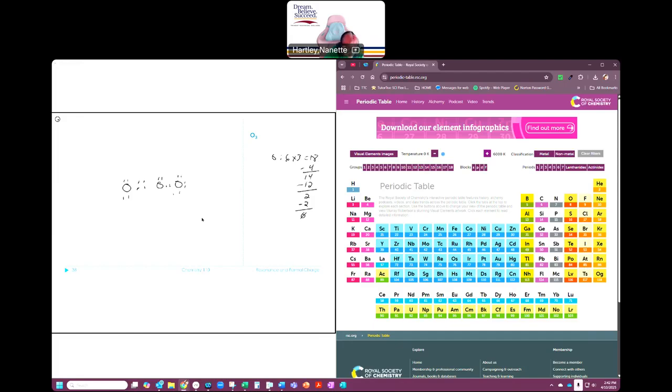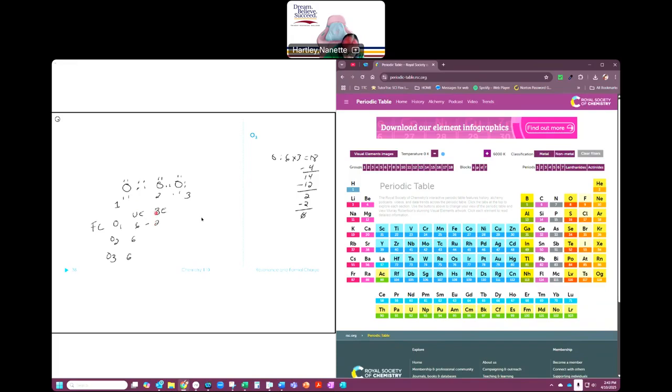Okay, not ideal. We know that we have formal charge on this, so we're going to call this oxygen 1, oxygen 2, and oxygen 3. On oxygen 1, the valence electrons on each of these is 6. On oxygen 1, we have 2 electrons from the bonding electrons.